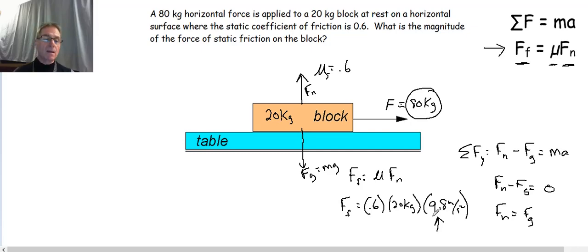So when we do the math, 0.6 times 20 times 9.8, our static friction turns out to be 117.6 newtons. That would be our static friction on the block, and static friction is the friction before the block is actually going to move. I hope that helps, and have a great day.